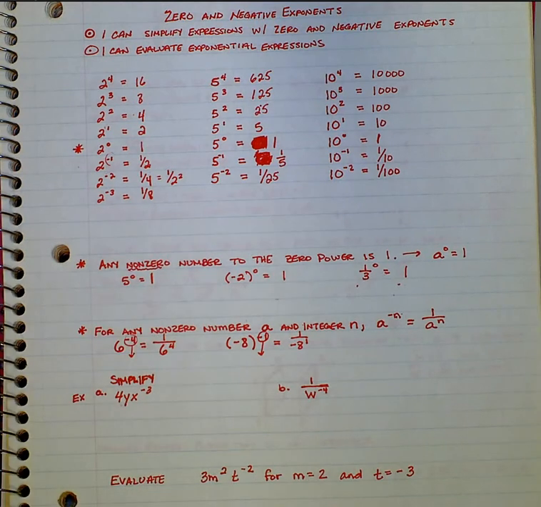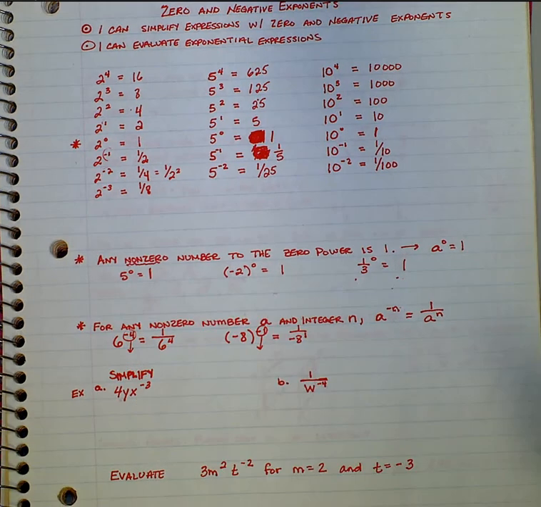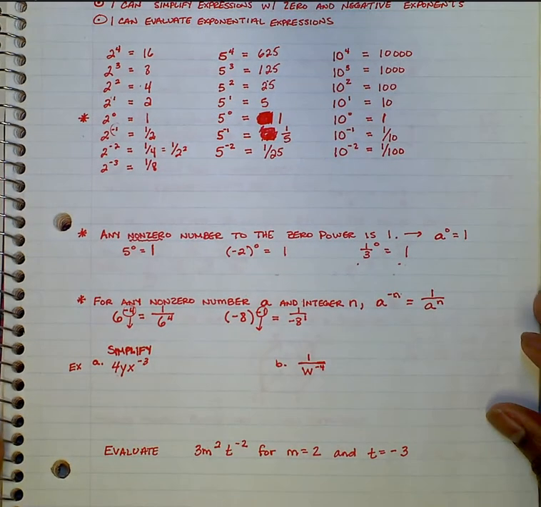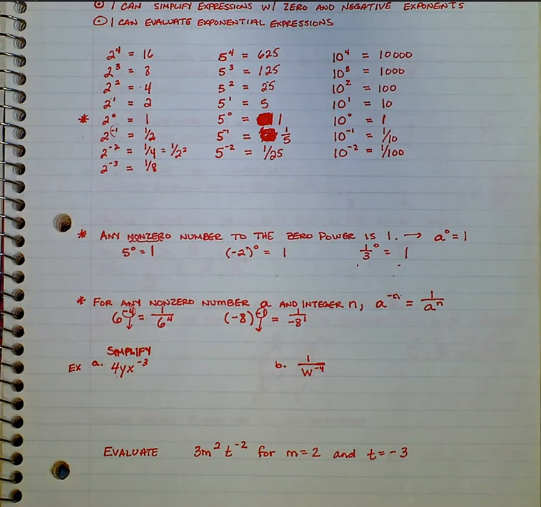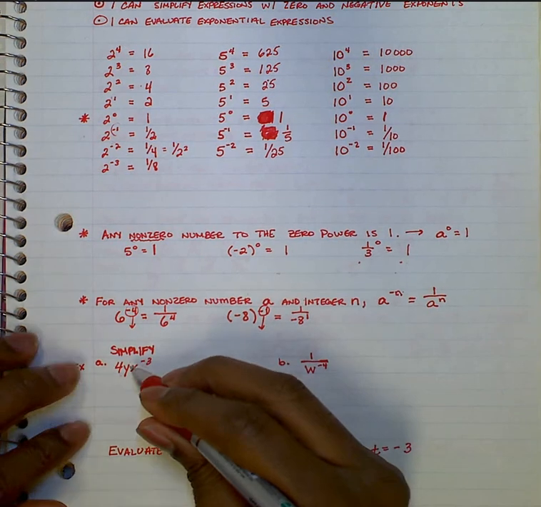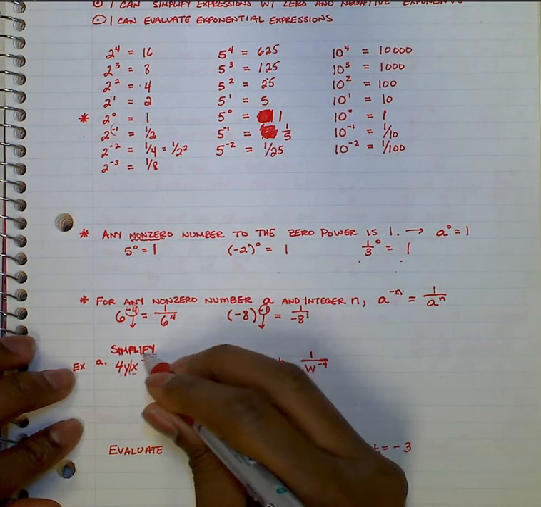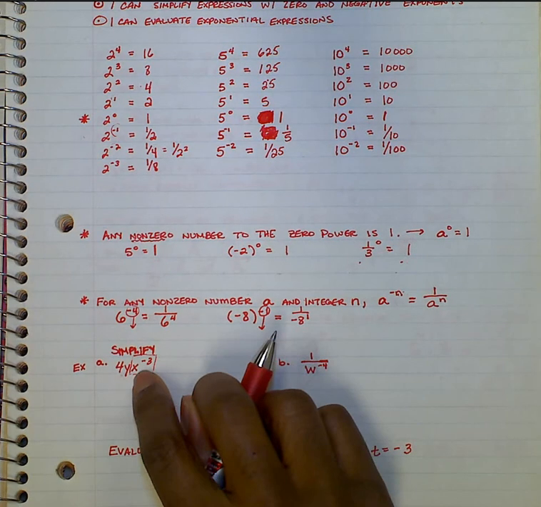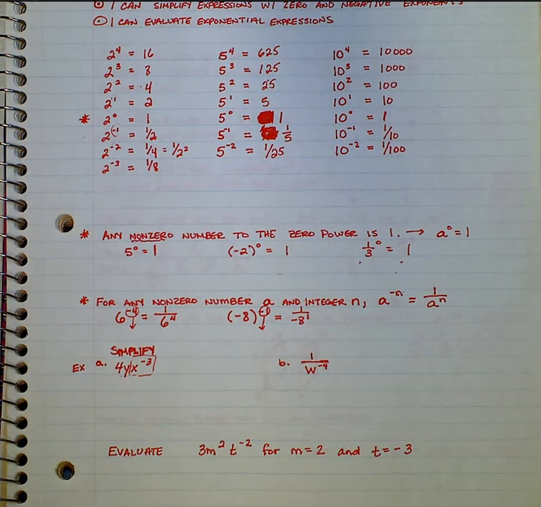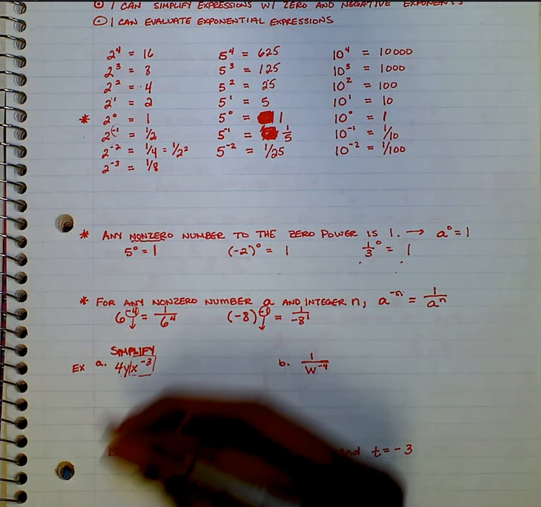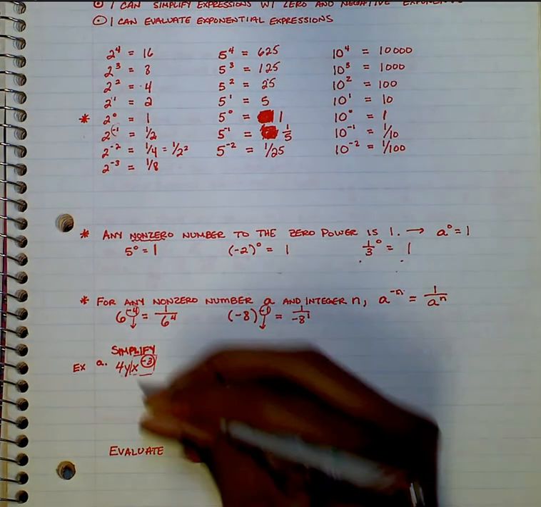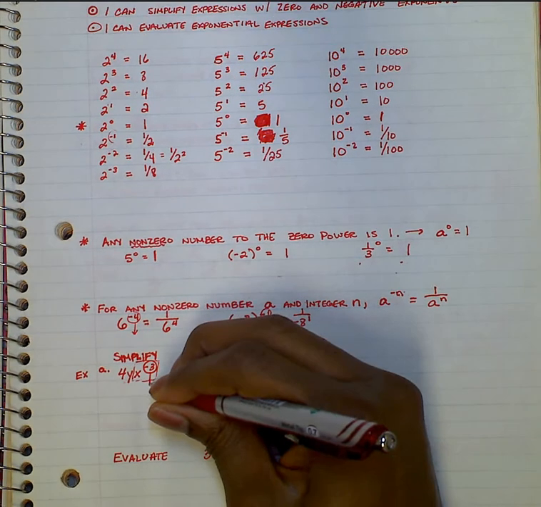Alright, so simplify. When we simplify, we cannot have 0 exponents and we cannot have negative exponents in our final answer. What I want you to think of is making sure that you keep exponents with their base. Okay, so this exponent negative 3 goes with x, just with x. In our final answer we can't have a negative exponent, so in order to simplify, we'll say, okay, this is negative. If it's negative, I have to move it. So I'm going to move this to the denominator.